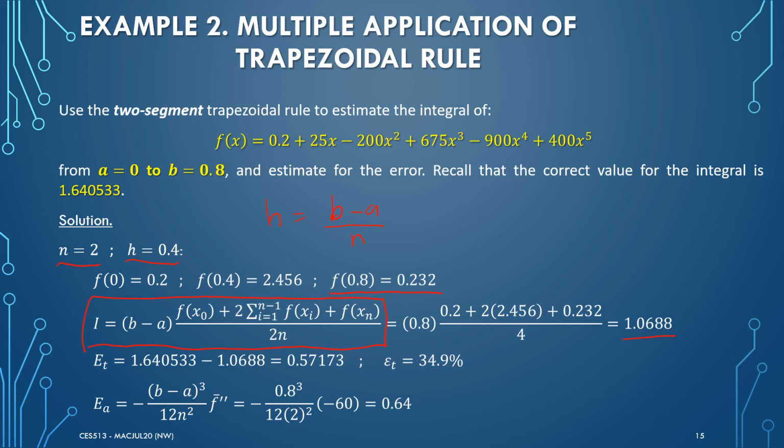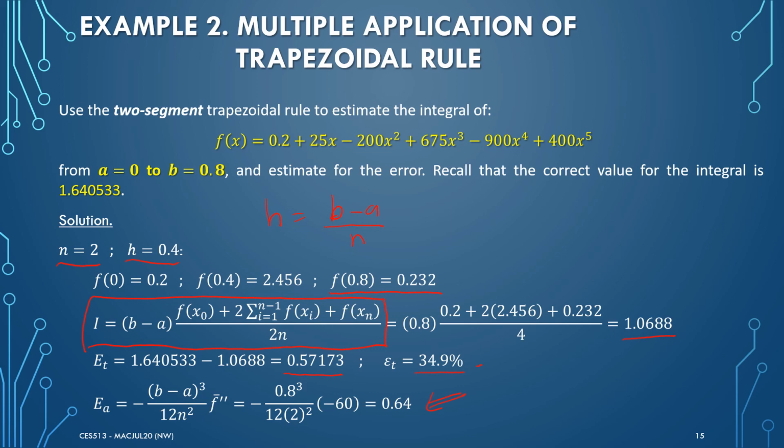From there, we can determine the true error and the absolute relative true error of 34.9%. And then we can estimate the truncation error using the formula given in the previous slides, which is equal to negative (b minus a) to the power of 3 divided by 12n squared, multiplied by the average value or the mean value of the second derivative over the entire interval.